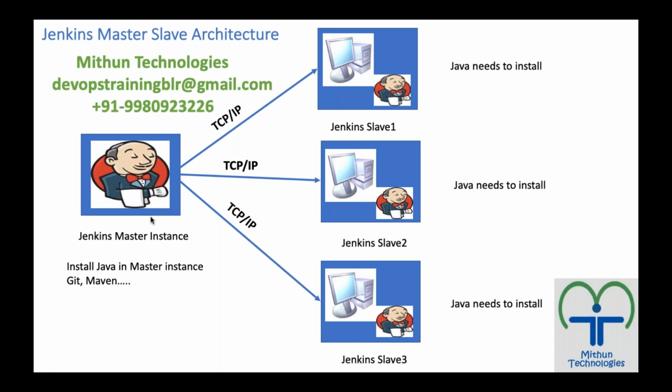If you create that slave instance on the same Linux server, what will happen? No use, right? Because the same server resources are going to be used, whatever that 64 GB or 128 GB RAM and CPUs. So usually in real time, we create them on different machines.